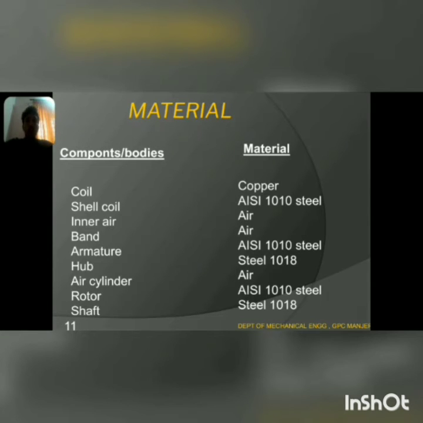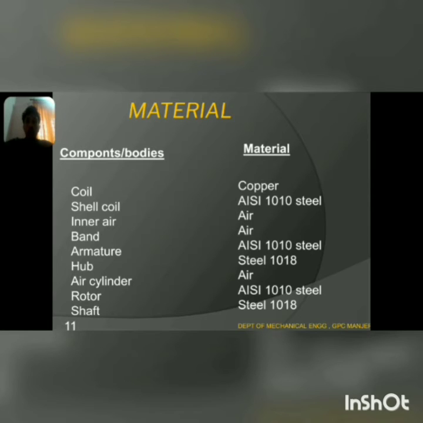Material. The main components in an electromagnetic clutch are given. First is the coil, made of copper. The shell is made of AISI 1010 steel. The inner air gap has no material, and the band area also has air inside. The armature is made of AISI 1010 steel.